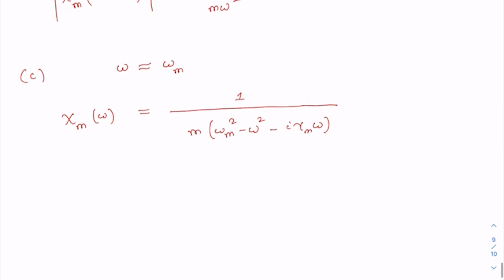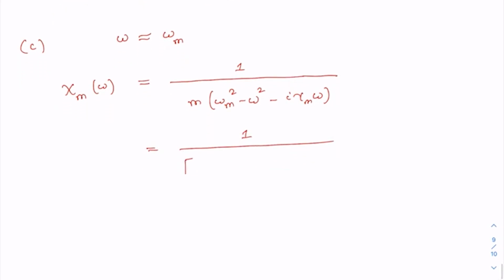This I can write as 1 divided by m into omega m minus omega into omega m plus omega minus i gamma m omega. Right, so this is what I have.